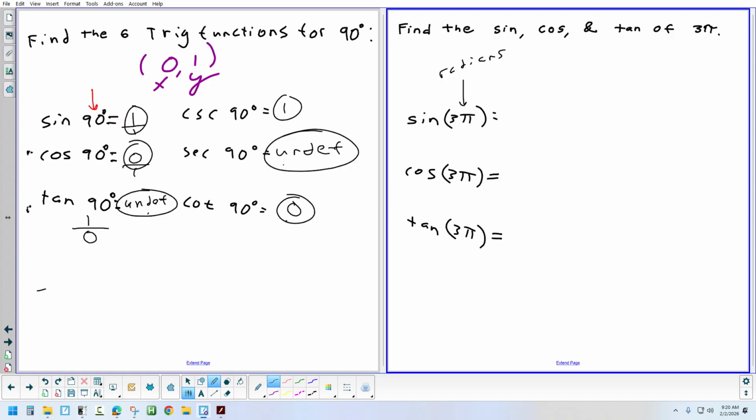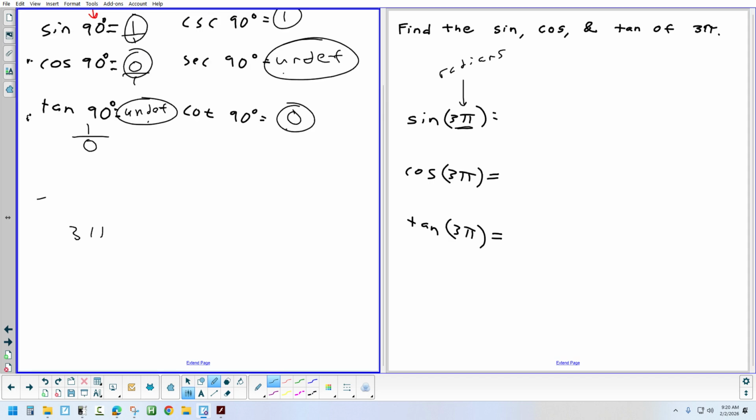So this time they're giving you an angle, which first of all isn't directly helpful because you need a coordinate. And second of all, they've given you an angle that's not even what you're used to working with. It's in radians, not degrees. So what do you think we want to do with that 3 pi? Let's change to degrees. We did this at the beginning. What do you multiply 3 pi by? 180 over pi.